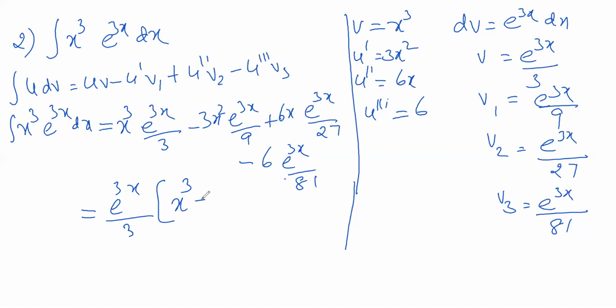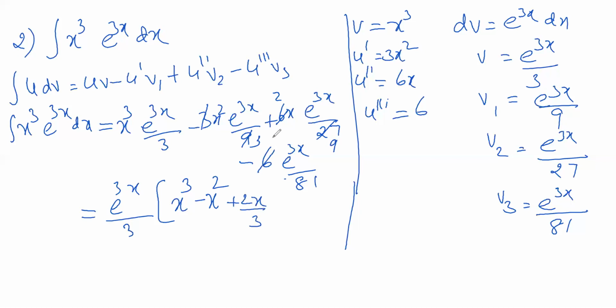Yes, what's the next step? Next step what? We have taken e power 3x by 3, no? Then here the 3 gets cancelled, right? 3 taken outside, so remaining will be simply x squared alone. Now here 6, that is 2 3s are 6, then 9, correct? 9 3s are 27, 1 3 comes outside, so remaining is 2x by 3.